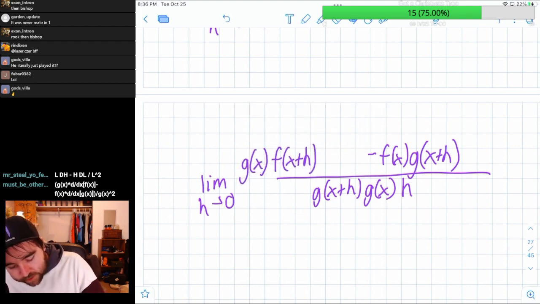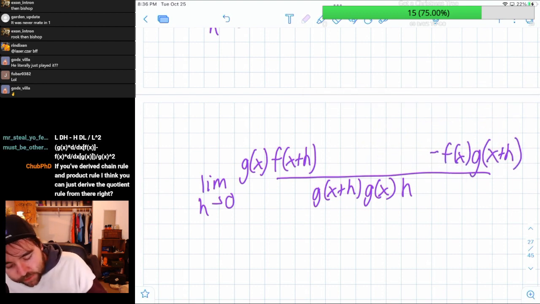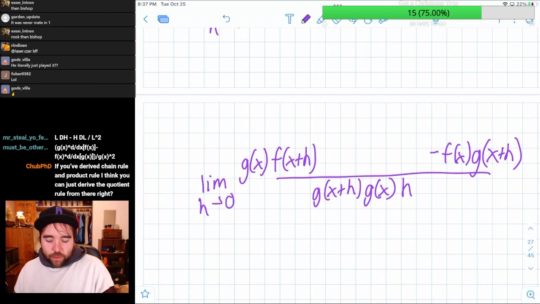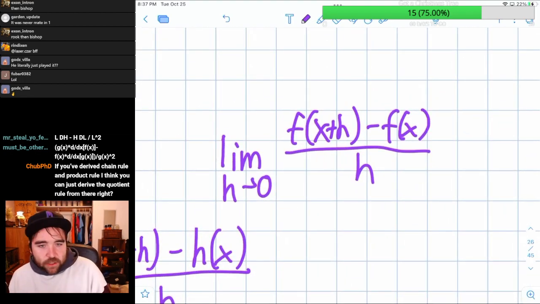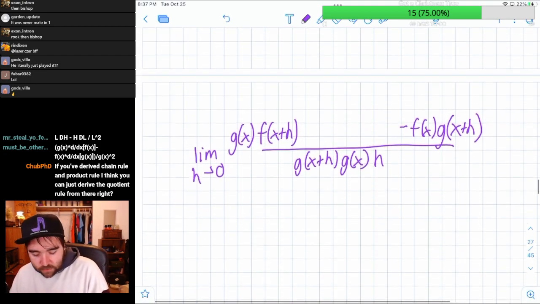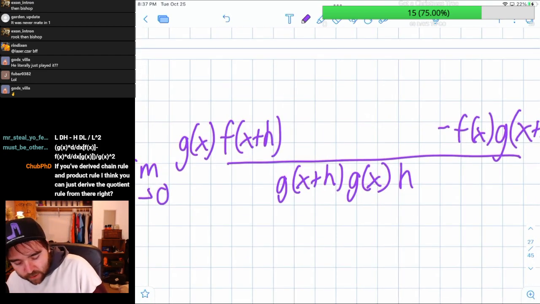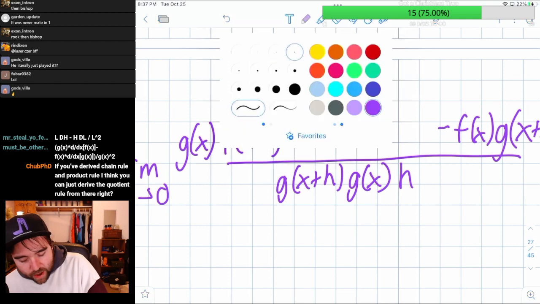So let's give us some room here in the middle and remember sort of what we want. So we're thinking about this limit definition up here, f of x plus h minus f of x. We're trying to build that. So in order to have that, we're going to need a minus f of x here. I'm going to do that in a different color because this is the thing we're adding in.